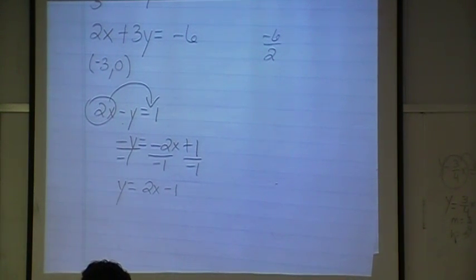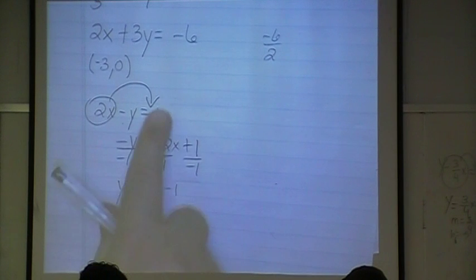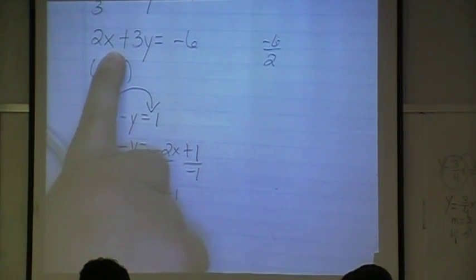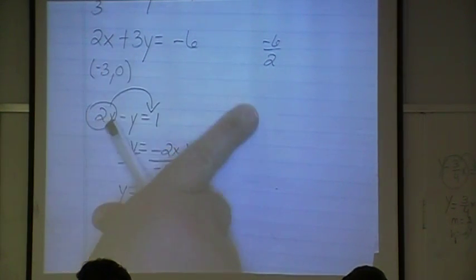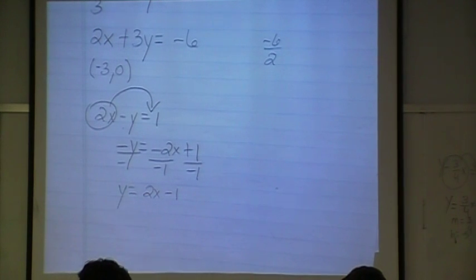I do not know, unless there's some big higher math and calculus, why you would ever want to change anything from standard to slope-intercept. Only that if for some reason North Carolina asks you, they give you something like this, and they say, what would this look like in slope-intercept form? That is the only thing I've ever seen them do, and I'm going to show you the question that they ask on a test.